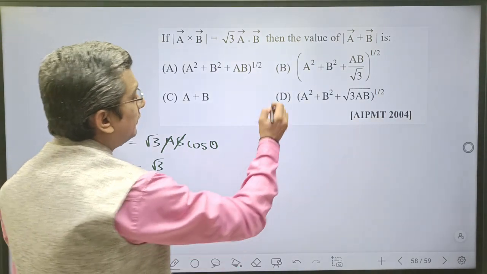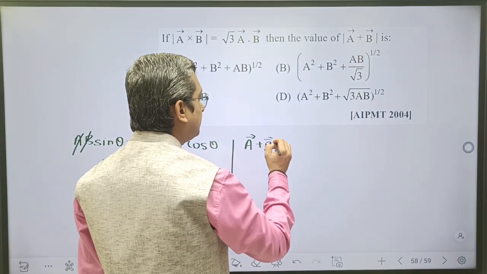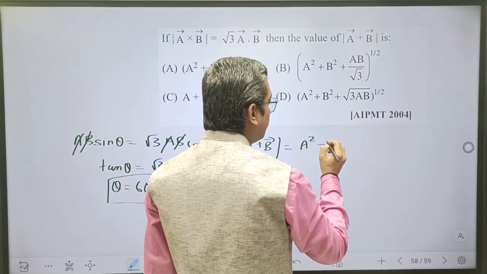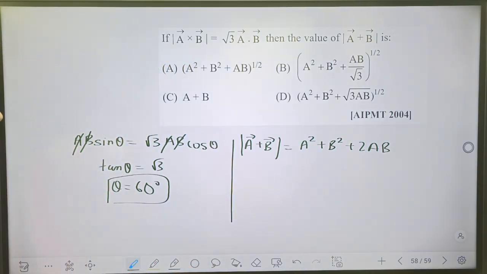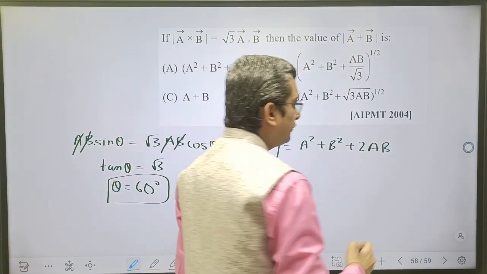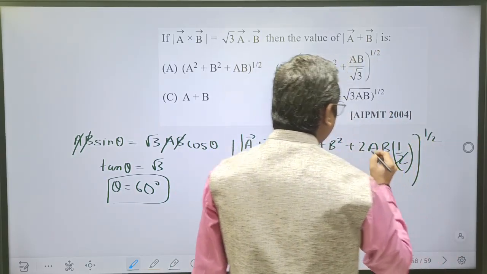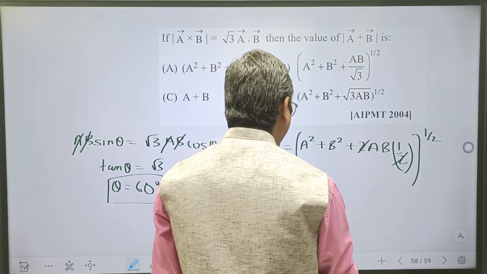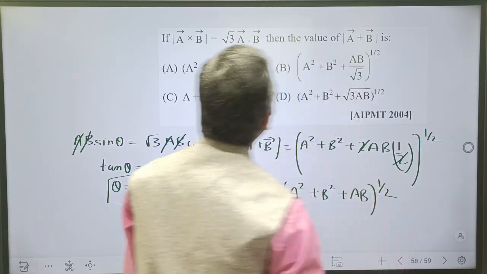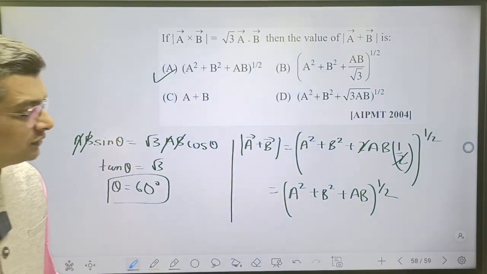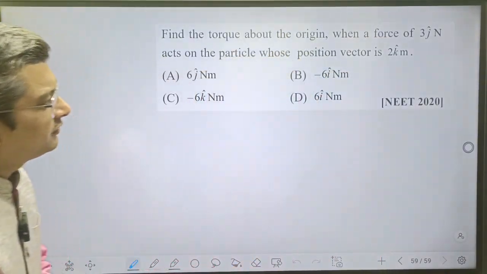So we have to find the value of the resultant A plus B. We have the formula under root A square plus B square plus 2AB cos theta, and here cos theta is cos 60, which is 1 by 2. So this 2 gets cancelled and we will get under root A square plus B square plus AB. So option A is the correct answer. Just follow the rules and you will get the right answer.